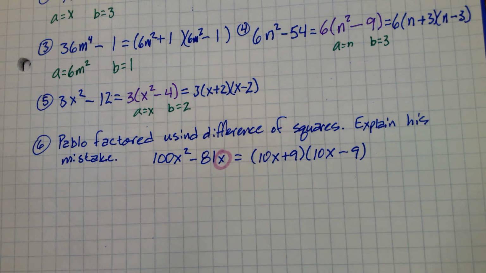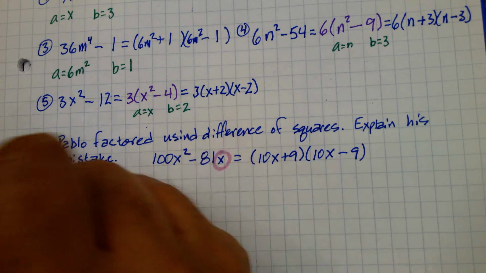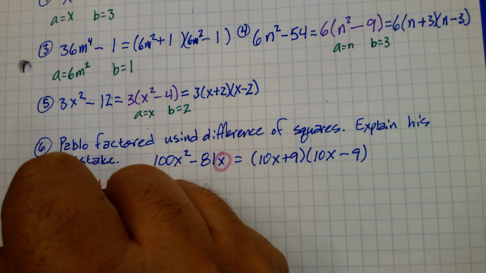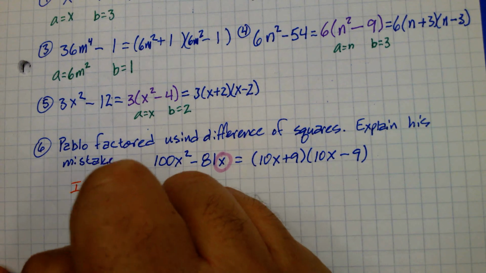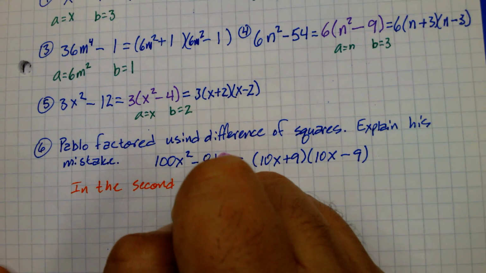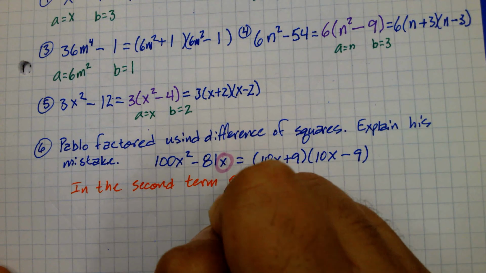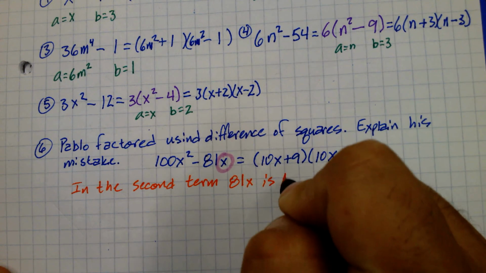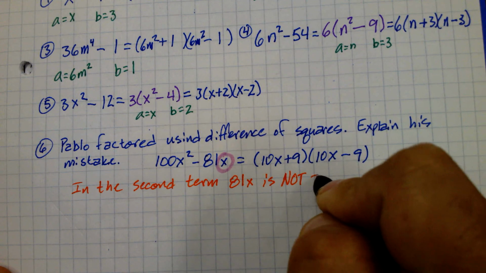So the problem is here. In the second term, 81x is not a perfect square.